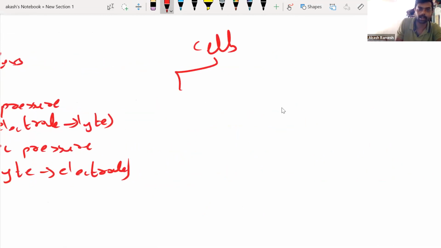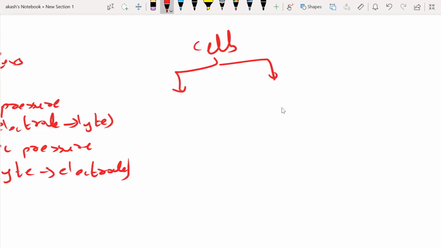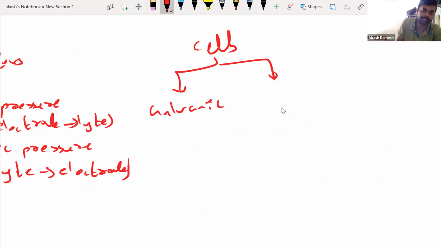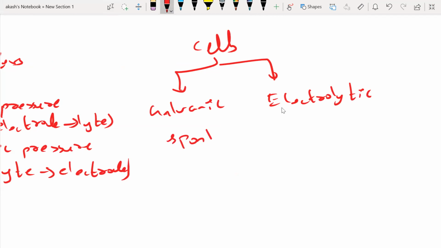Can someone tell me what are the two types of cells? Galvanic cells, electrolytic cells. Yes, right. So galvanic cells, what kind of chemical reactions do they take?